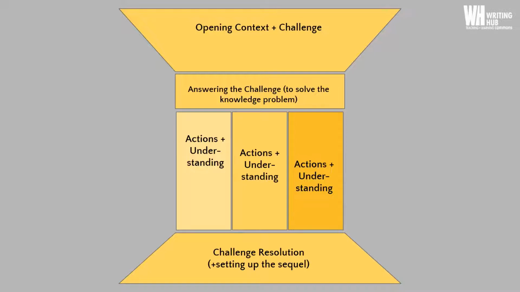So what you would see in a dissertation story is that in the introduction, you would have the same kind of story building where you would set up an opening context and a challenge for your reader. You would narrow that context toward the challenge, and then whether in the introduction or in a methods chapter or perhaps in the methods appendix, you show what you will do or what you did to answer that challenge and to solve the knowledge problem that you set up for the reader in the beginning.